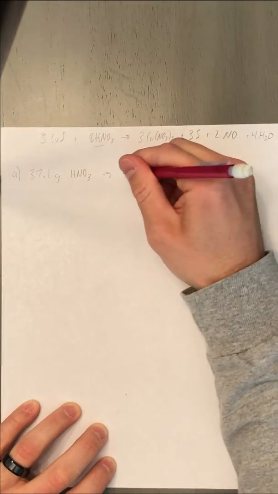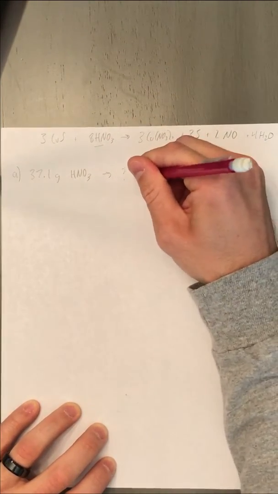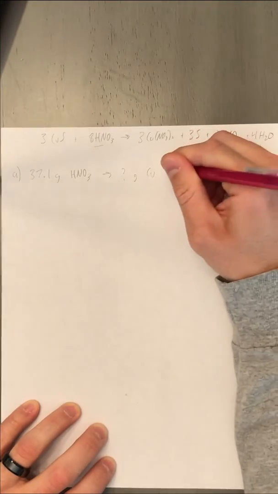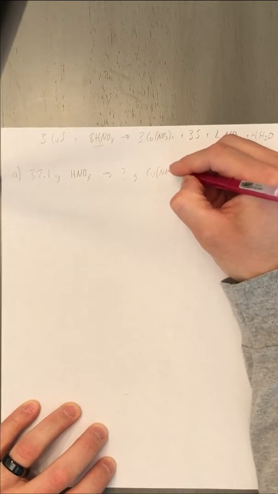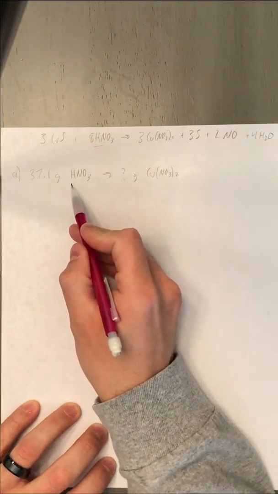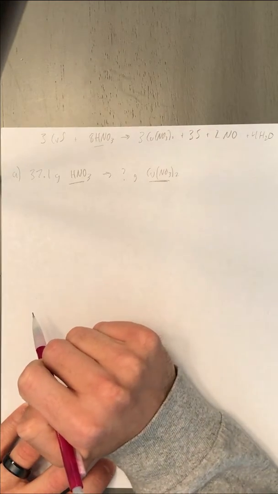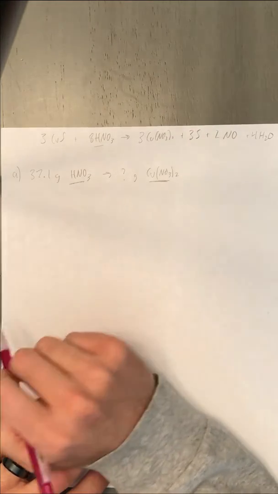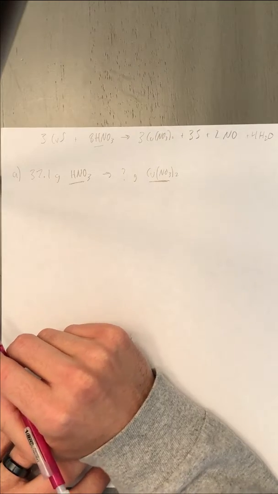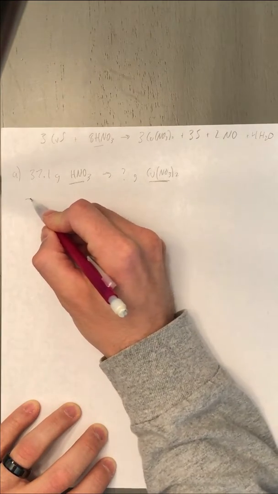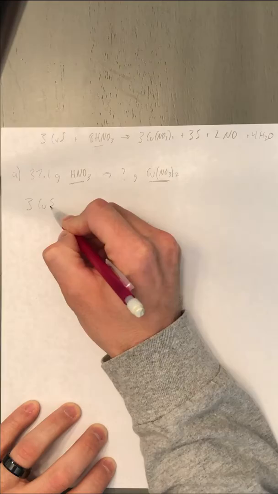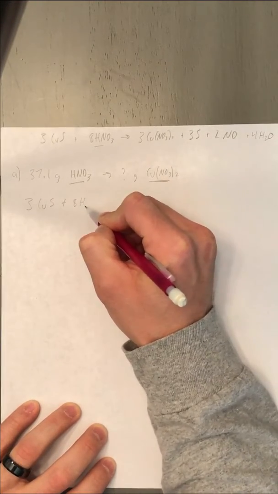And they want us to convert to how many grams of copper 2 nitrate we have. Because we are converting from one substance to another substance, we have to use our BCA table. We'll use our balanced chemical reaction up here to create our BCA table, so I'll just recopy it here.